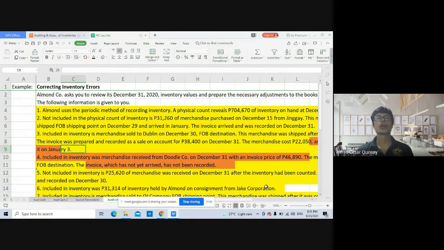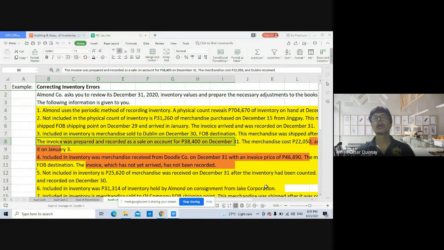So the sale on account of 38,400, which we previously recorded as a debit to accounts receivable and credit to sales, as of December 31 is still not yet a consummated sale because it has not yet been received by the buyer.